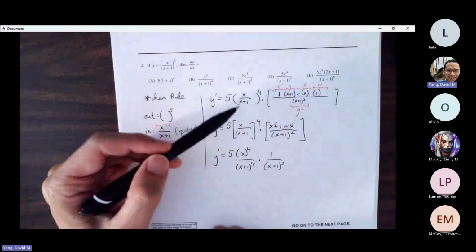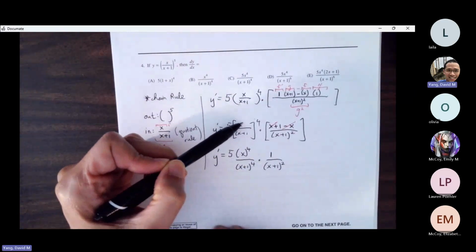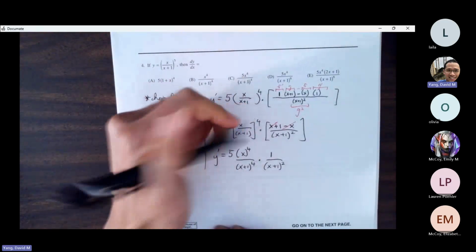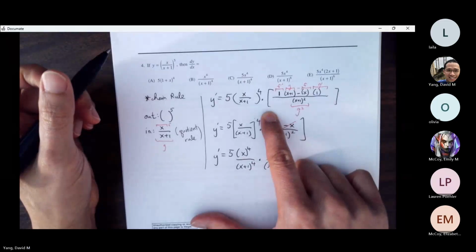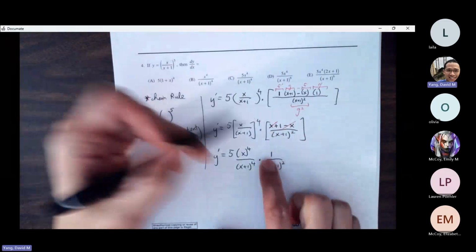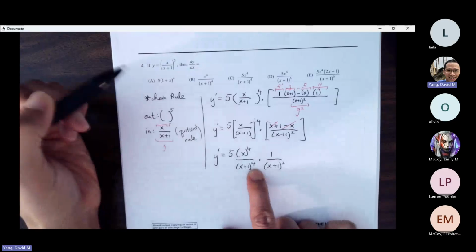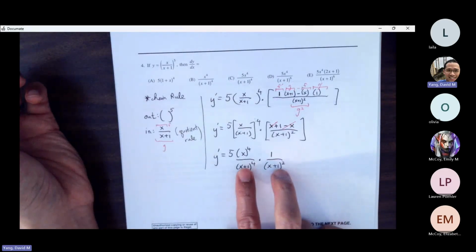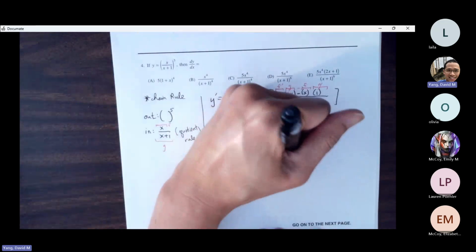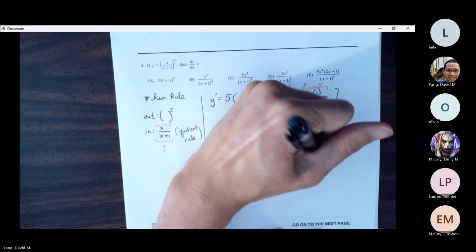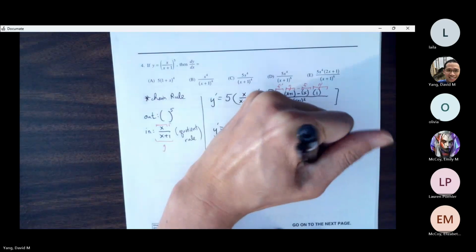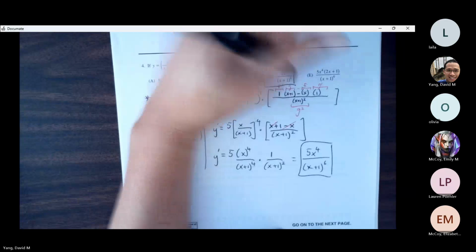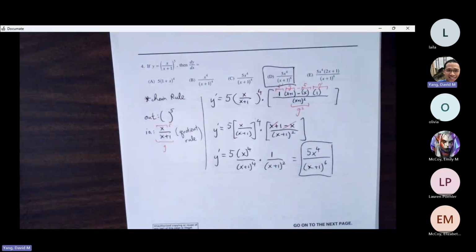Sometimes we forget that the 4 is not only impacting the x, the 4 is also impacting the denominator portion. So we want to make sure that we include that 4 in the denominator as well. So now these are just the same base. I could just multiply these two bases by adding exponents. Answer choice D.